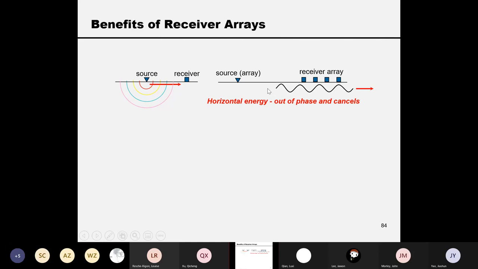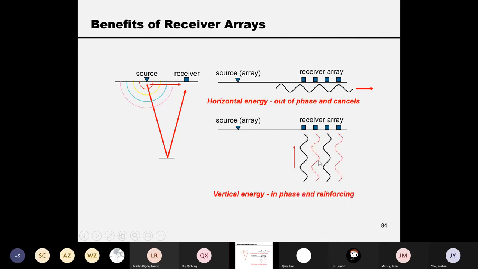So you have a horizontal, so-called ground roll or near surface surface wave, and then if you have multiple receivers, you can see the vertical component enhanced, but the horizontal components somehow cancel each other. So this is the principle.